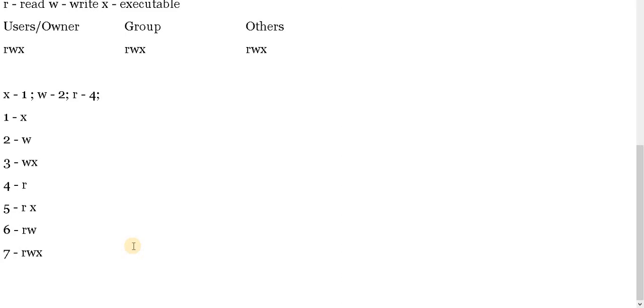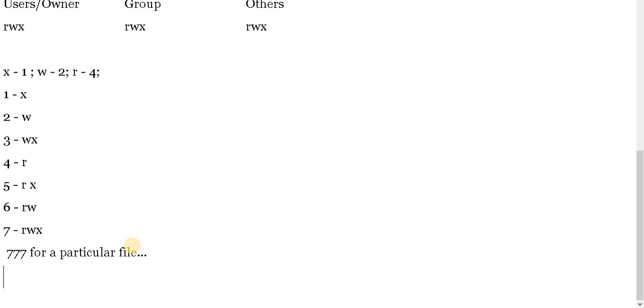So if we are seeing permissions like 777 for a particular file, then it denotes that the user, the users in the particular group, and others can have read, write, and executable access on that particular file.